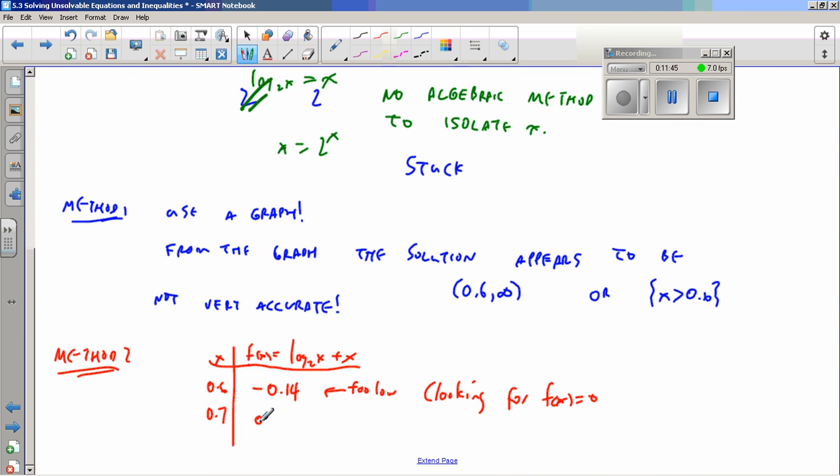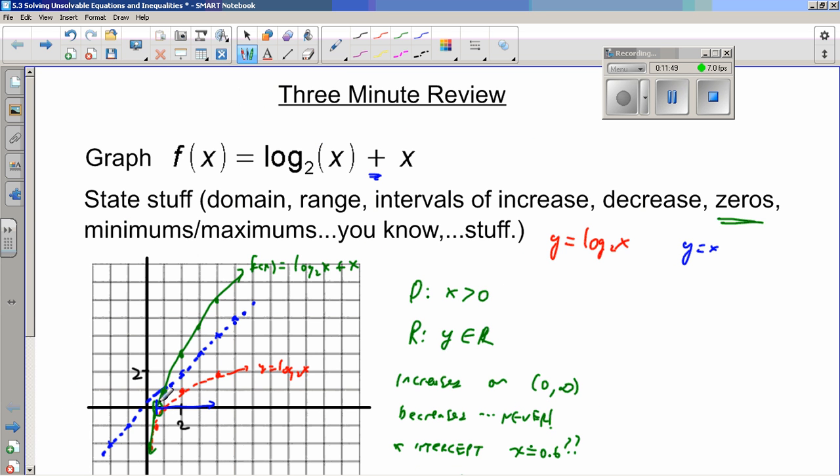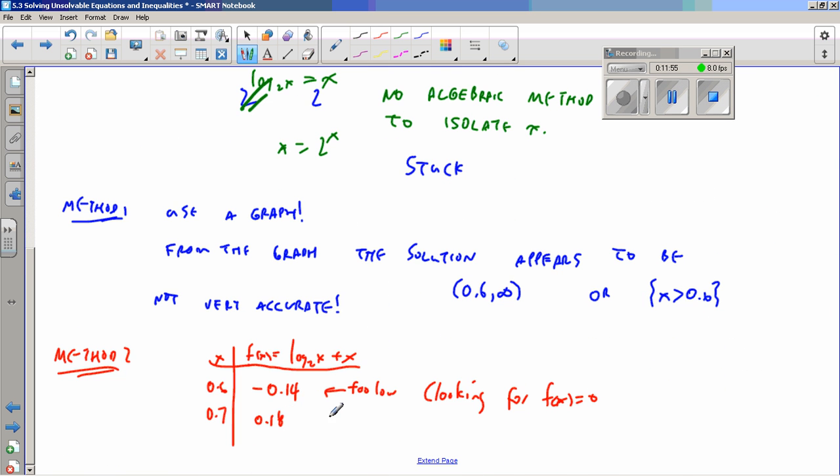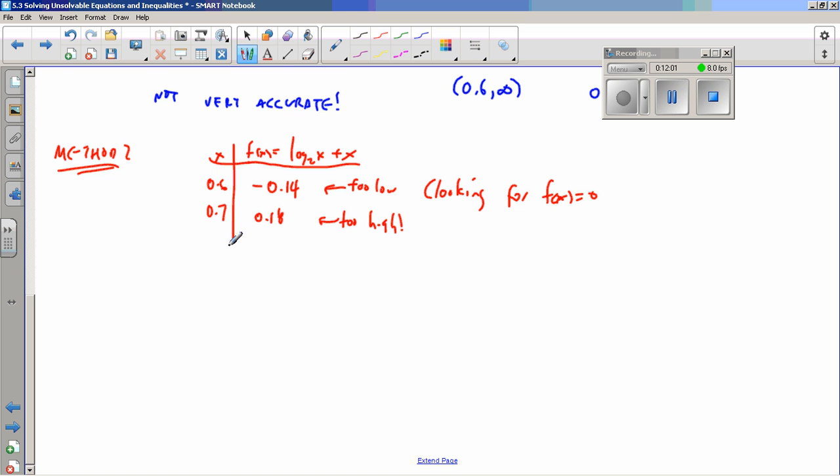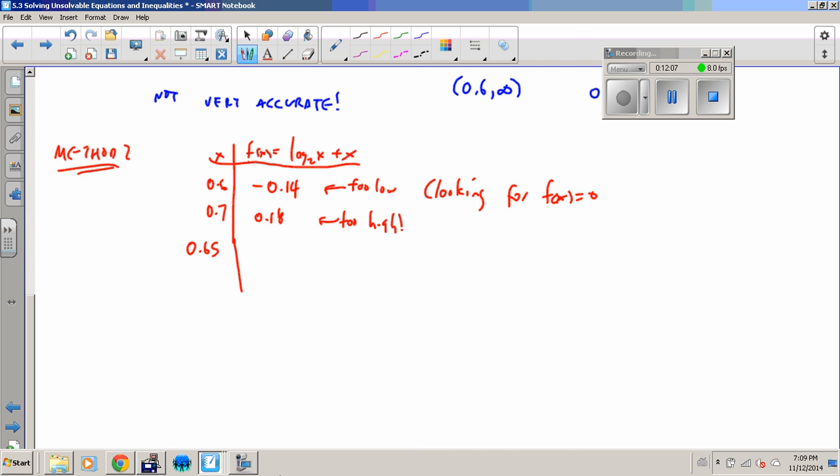So what does that mean? It means at 0.7, I'm a little bit positive. 0.7 is too high. So it means that my answer is somewhere in the middle. So what will I try? I'll try somewhere in the middle, 0.65. And go back to my calculator.